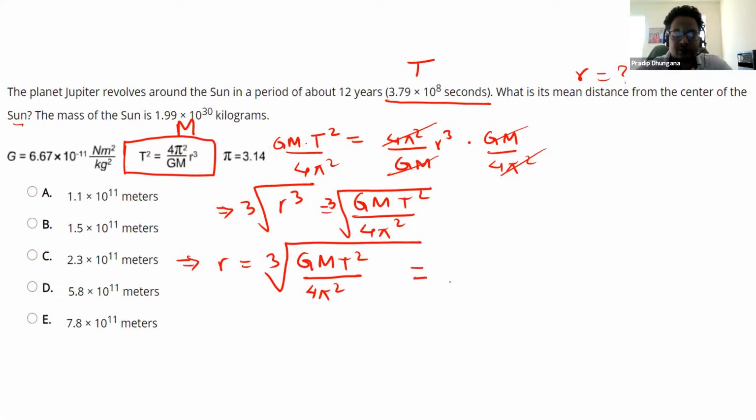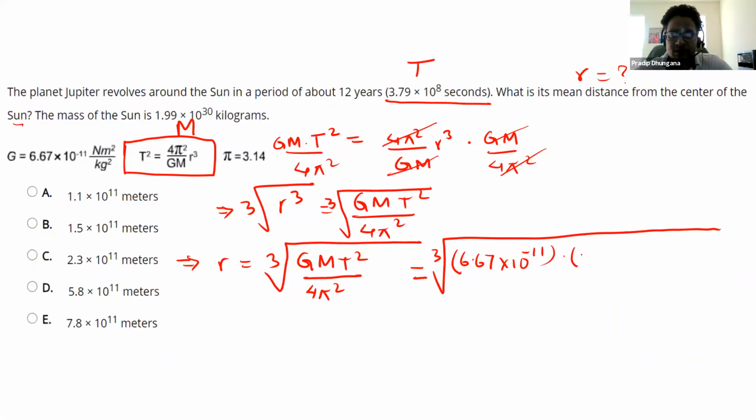After that, let's substitute those values. Capital G is 6.67 times 10 to the power negative 11. Put in parentheses, multiply. M, the mass of the sun, is 1.99 times 10 to the power 30.